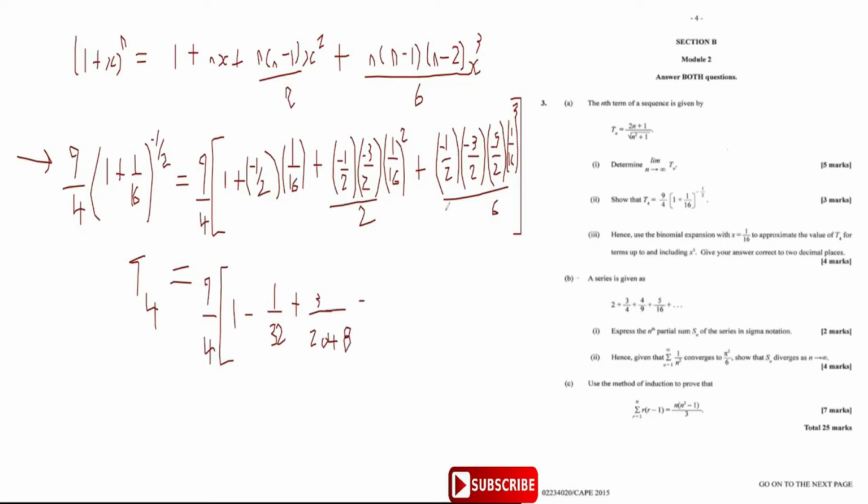And you're going to have minus a half times minus 1.5 times minus 2.5 divided by 6 multiplied by 1 over 16 cubed.